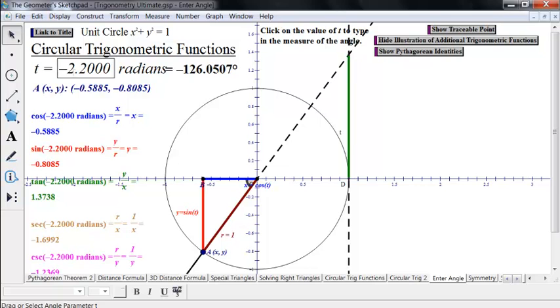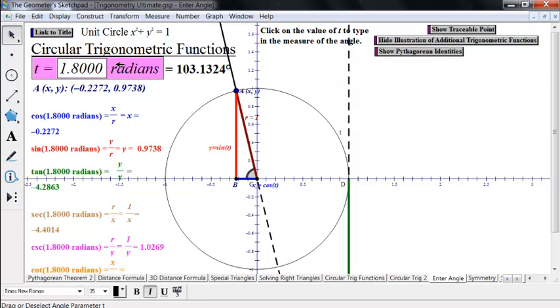And if you're in the second quadrant, let's see what would be something in the second quadrant. How about 1.8? Would that be in the second quadrant? Yeah, that's in the second quadrant.